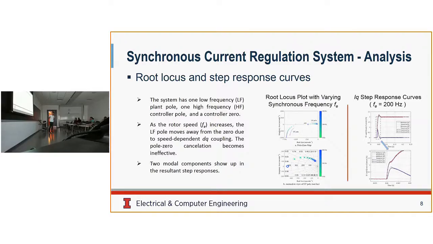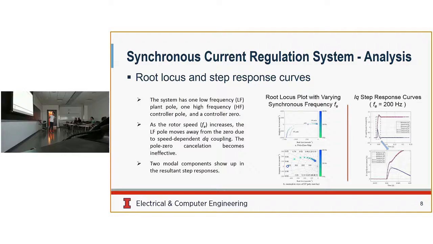However, looking at the root locus, when the rotor speed increases, which corresponds to the increase of the synchronous frequency, you can see the high frequency pole will move towards the origin, and it drifts far away from the placed controller zero. And then the pole-zero cancellation is not effectively achieved at high speeds.